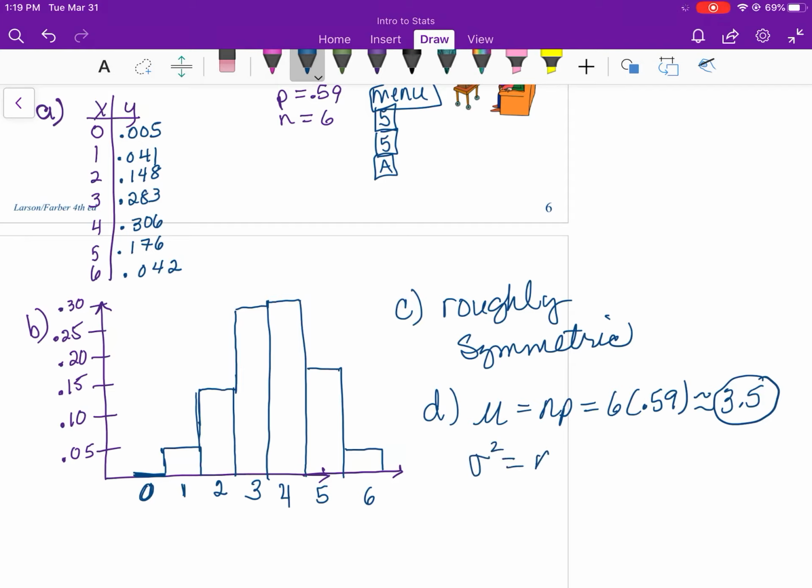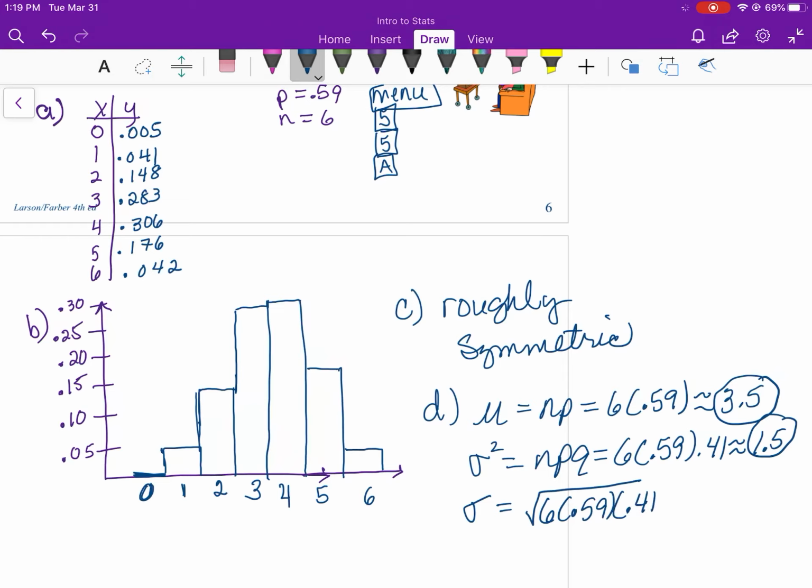Variance is NPQ, so it's that result times 0.41. Rounded to 1 decimal place is about 1.5. And if I take the square root of NPQ, I will get my standard deviation, which is about 1.2.